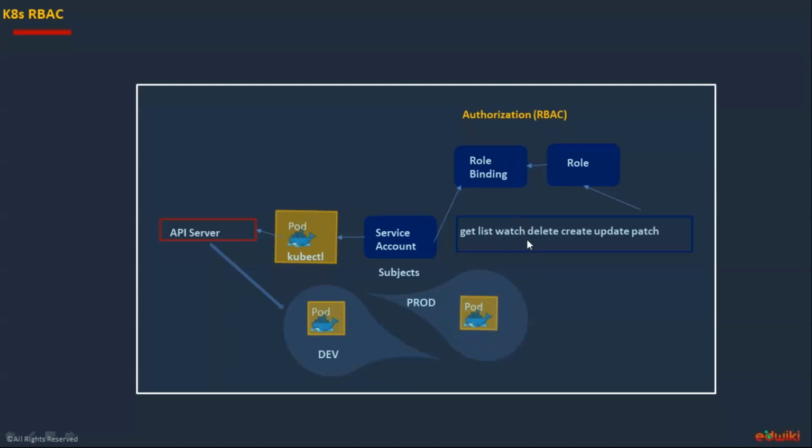So the advantage here is we can restrict the list of Kubernetes actions that can be done on which namespace as well. We can define it at a namespace level, or at a cluster level as well. When I say cluster level, it gives access for all the namespaces, the whole cluster. Or we can say that this has to be a specific namespace only, based on the requirement. We can restrict what kind of permission and what resources can be managed.